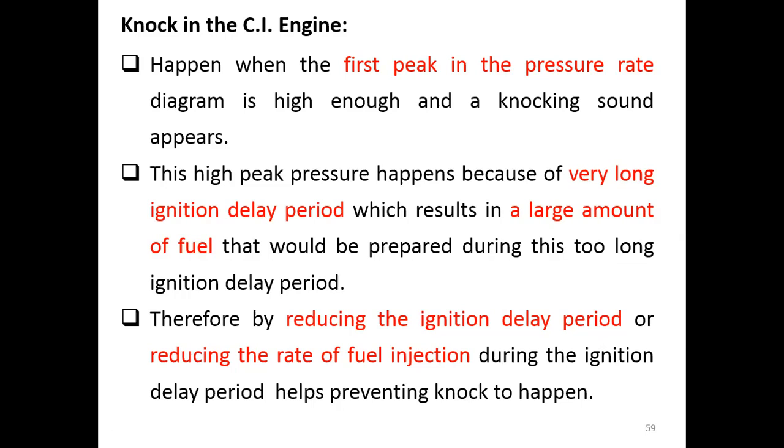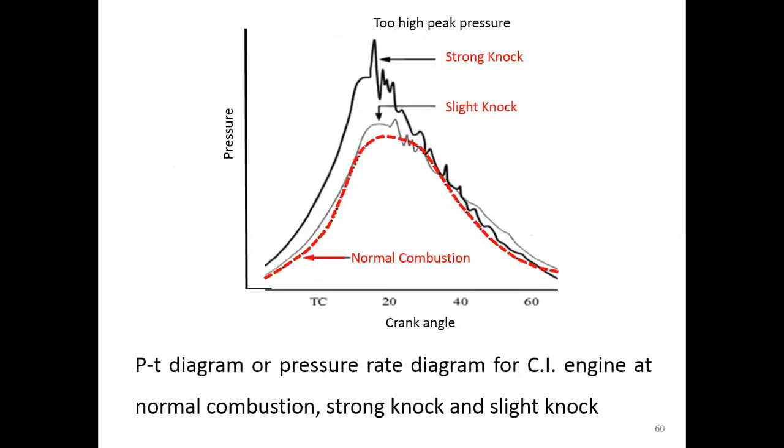That is when the ignition happens. But the ignition delay period in the CI engine is when you start injecting the fuel. Okay, so you reduce the time for this delay period, or reduce the amount of the fuel that is injected during this period. These two can help prevent the knock from happening.